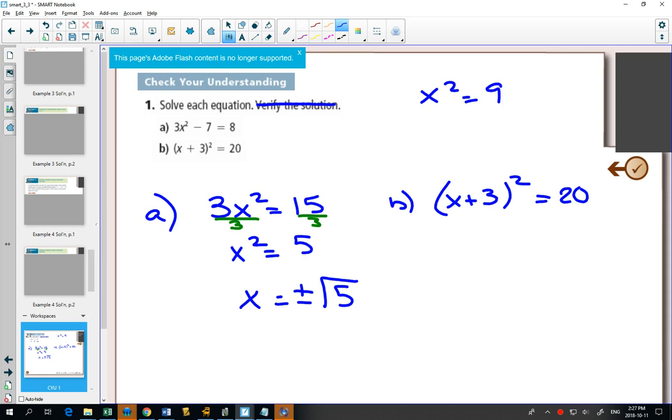If I square root both sides here, I have to remember the plus or minus. And what happens on this side? It just becomes x plus 3. How would I get x by itself? Minus 3 on both sides.